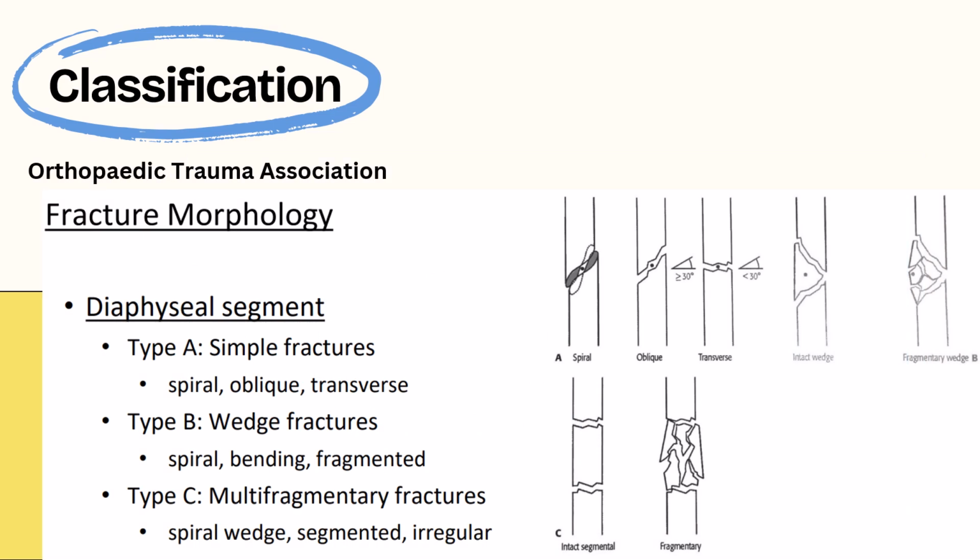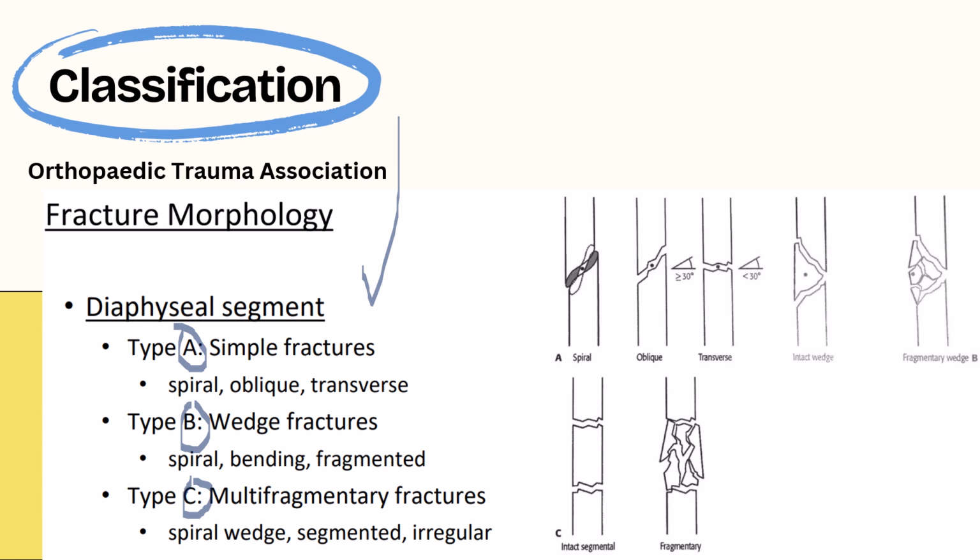This is the classification of fracture from the Orthopedic Trauma Association based on fracture morphology, especially the diaphysis segment. There are 3 types: type A, type B, and type C. Type A is simple fracture: spiral, oblique, and transverse.